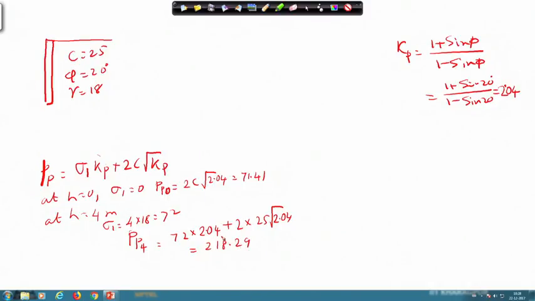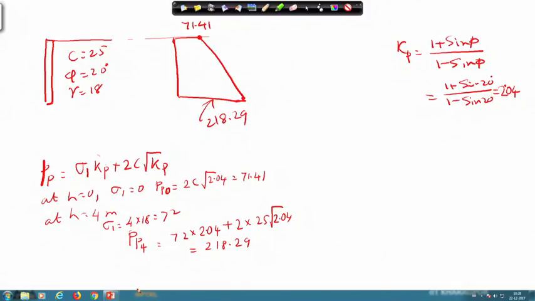218.29. So, if I draw the pressure diagram from the wall, this is the wall. Initially we had a pressure equal to 71.41, and at the base we have got a pressure equal to 218.29.